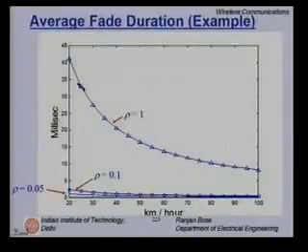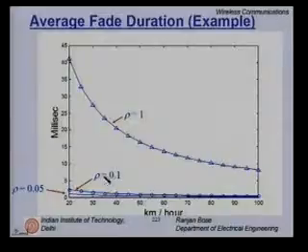Whereas, if I sit on a red light for a long time, or if I go very slowly, I may stay in a fade for a long time. So, the average fade duration increases. So, as I go towards the left side of this axis, say at 20 kilometers per hour, my average fade duration could be 40 milliseconds. Now, see what happens when you change rho.